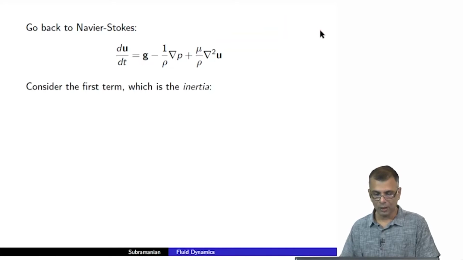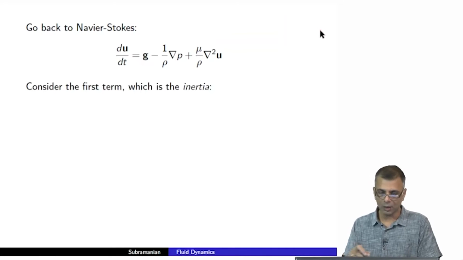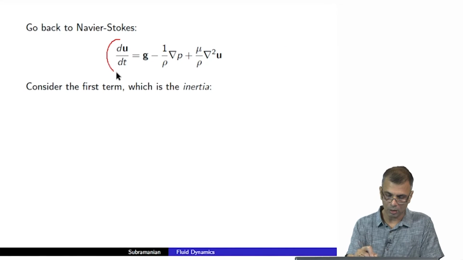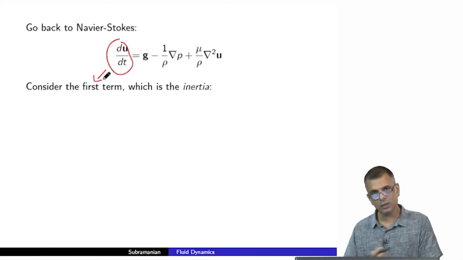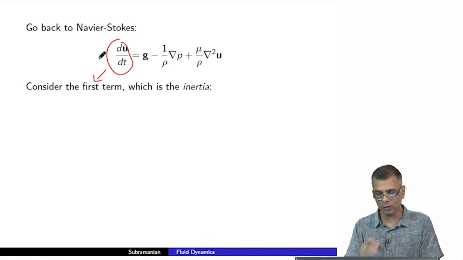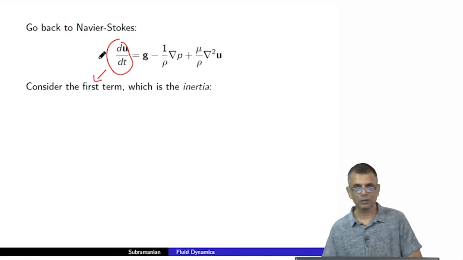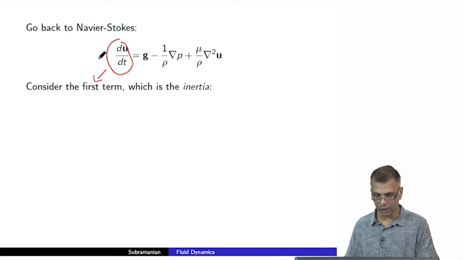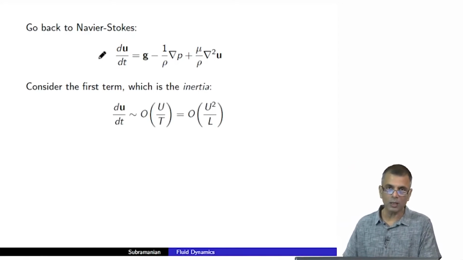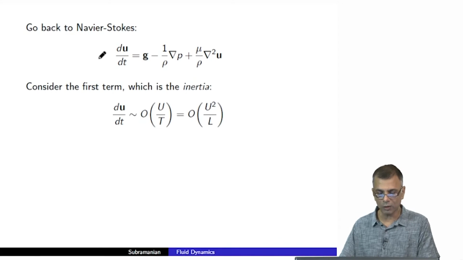Right. So the very first term, this guy, is the first term. If I multiply this by rho, it's rho a, so ma, so to speak. So that's the inertia. And what is the order of magnitude of the du/dt?